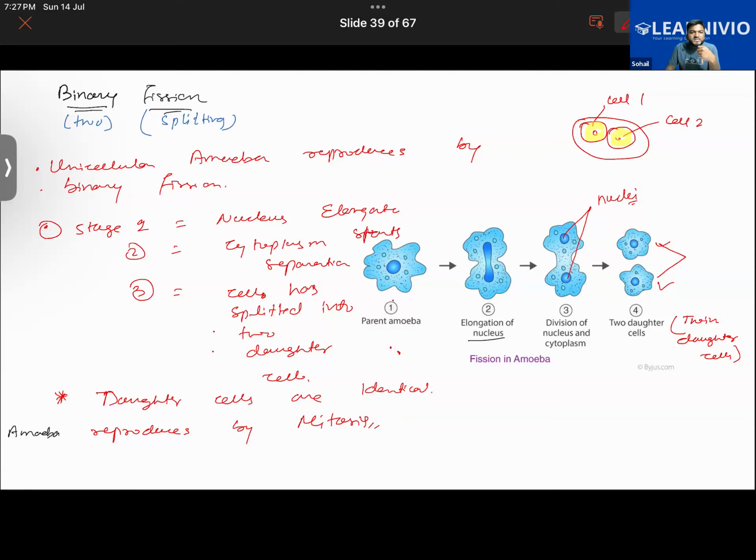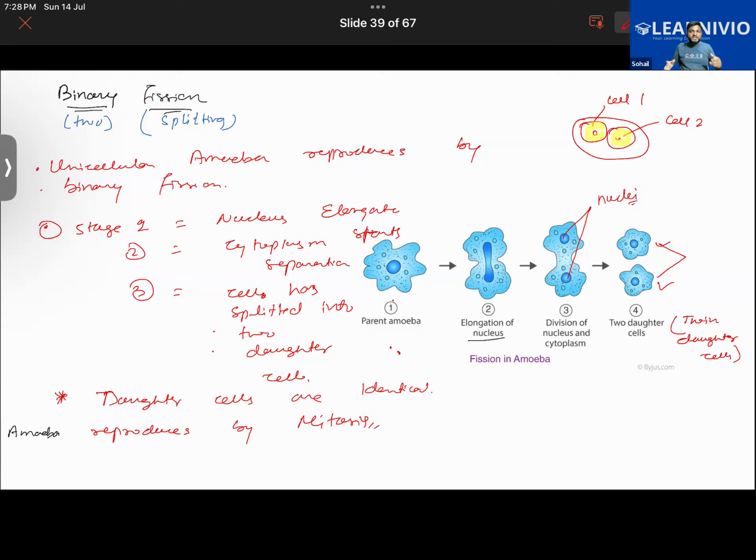All the cells in the body except for the sex cells do mitosis division. Getting it now? Whatever cells are in our body, whether it be the cells of the muscles or the cells of all organs, except for the sex cells, they would be going through mitosis right now.